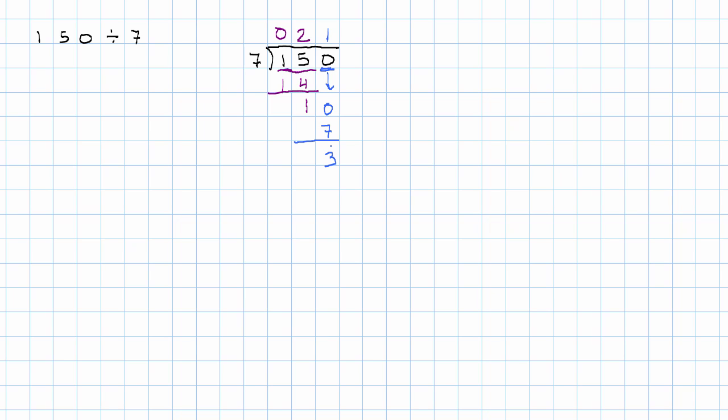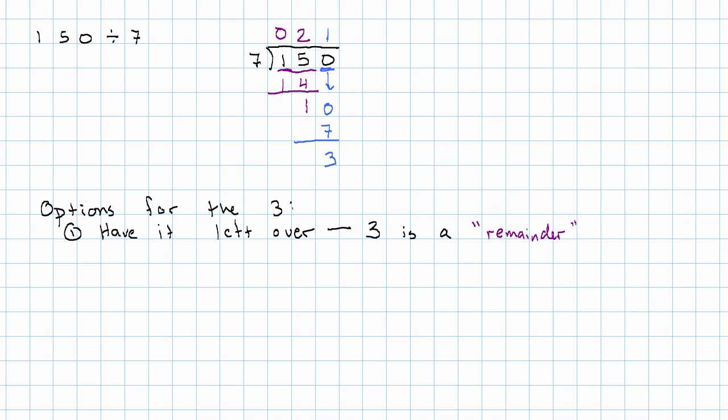One of the things that we can do with that 3 is just have it left over. And if we choose that option, we call 3 a remainder. Another option is to somehow split 3 up, take our 3 things and split them into 7 parts, which is how we get the fraction 3/7.